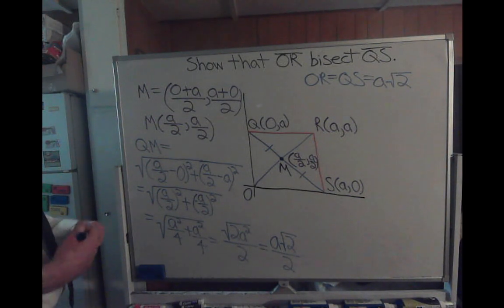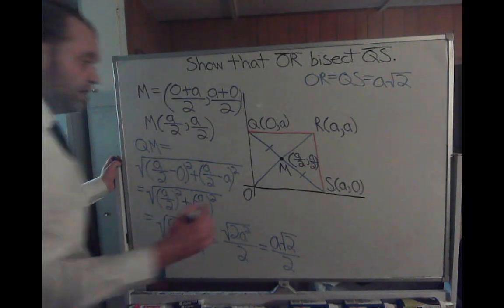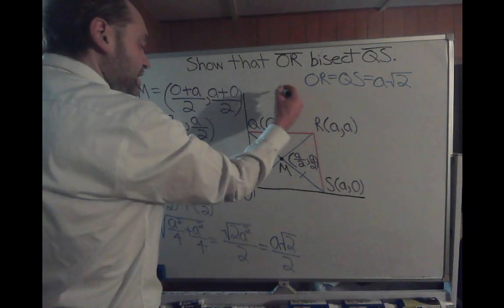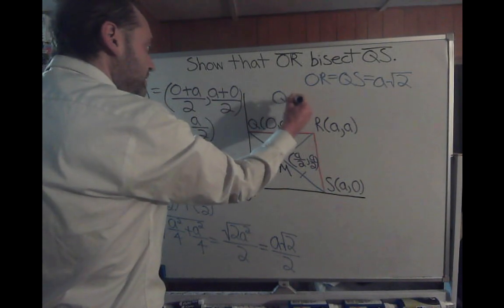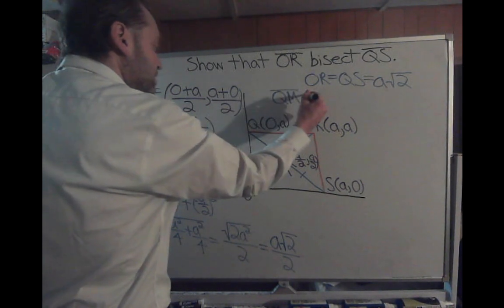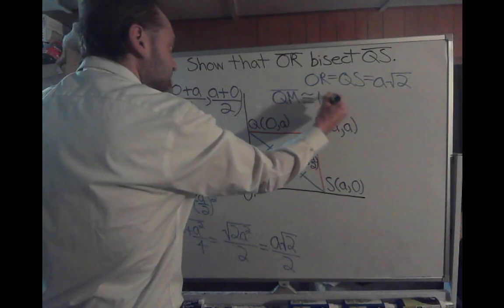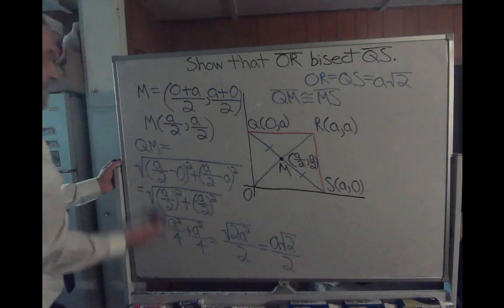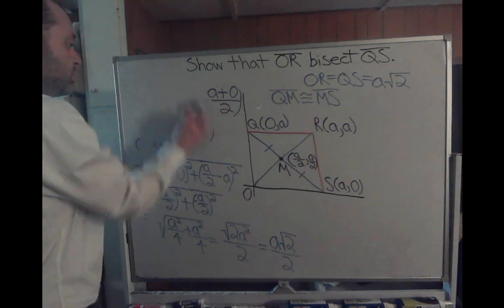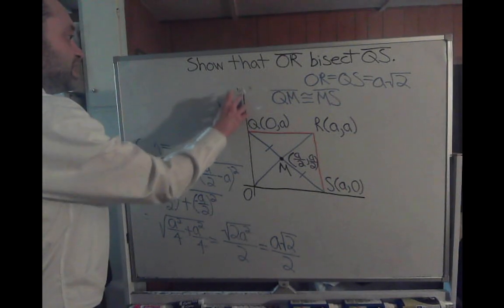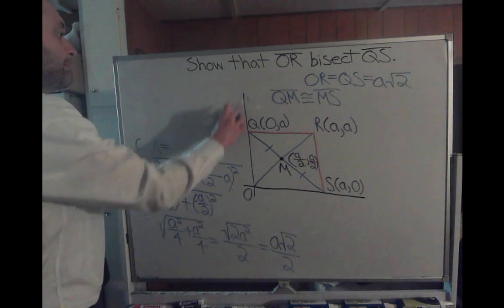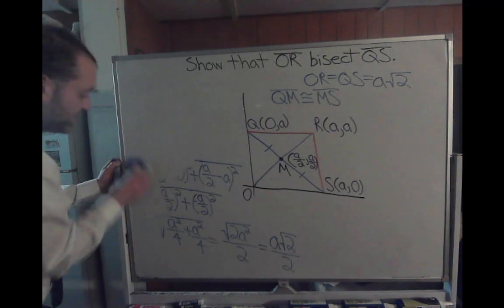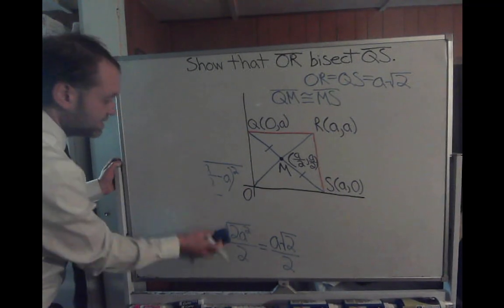So we can show now that QM is congruent to MS, which helps. We can prove that that diagonal is bisected. Now, we also need to prove that the other diagonal is bisected. So let's prove that the other diagonal is bisected, okay?